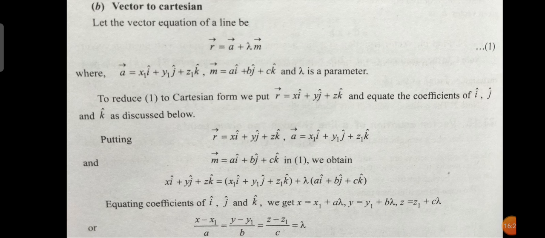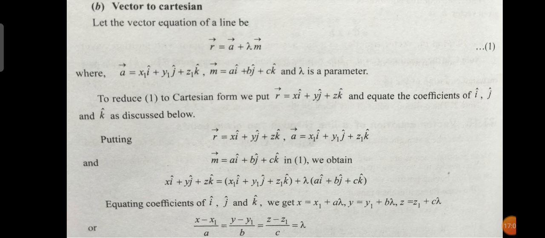To reduce it to the Cartesian form, you put R is equal to xi plus yj plus zk and equate the coefficients of i, j, k, which are the points x, y, z. So R is xi plus yj plus zk, vector a is x1i plus y1j plus z1k, and m is ai plus bj plus ck.